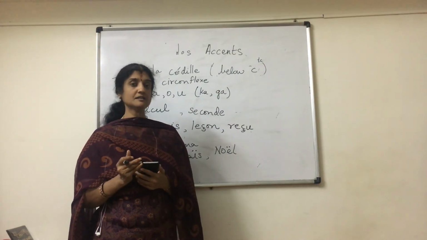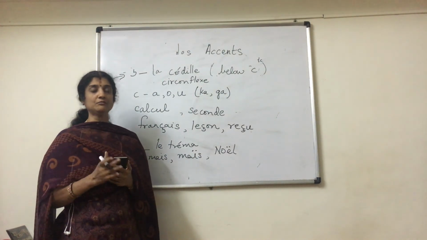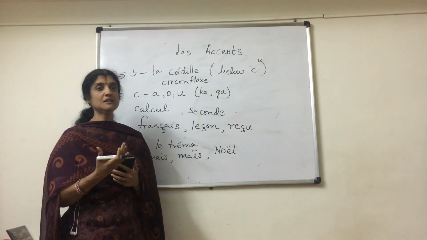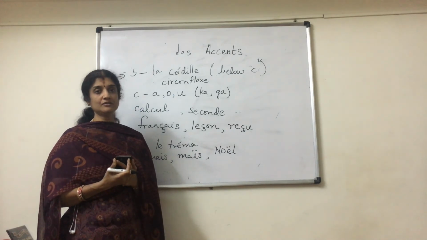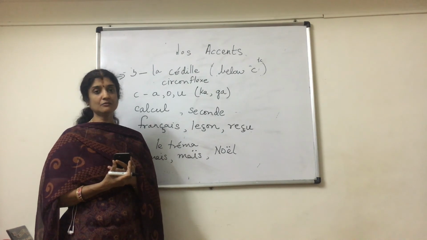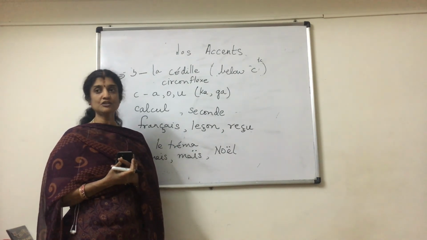The third one, which is accent circumflex, which can be written on top of any of the vowels. Here it indicates certain words borrowed from foreign languages where the S has been omitted. But sometimes there are also certain words where it is written where it does not indicate an omission of S.